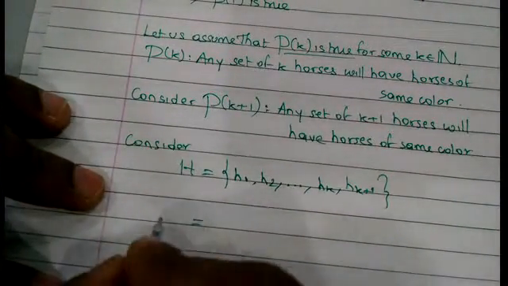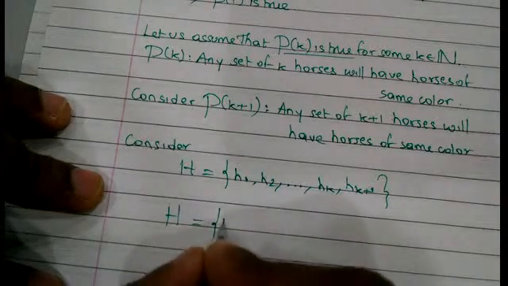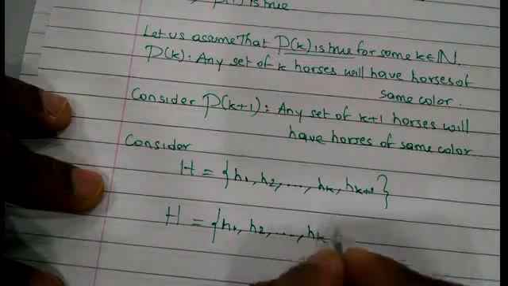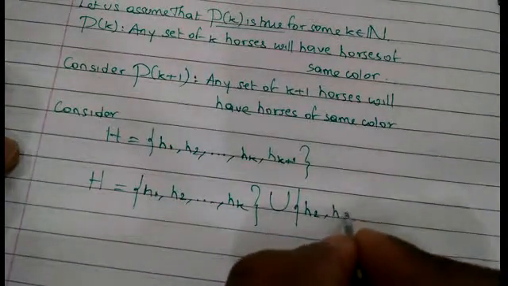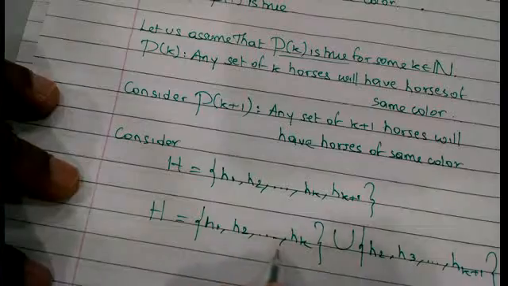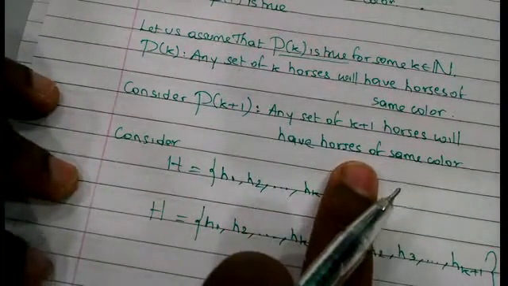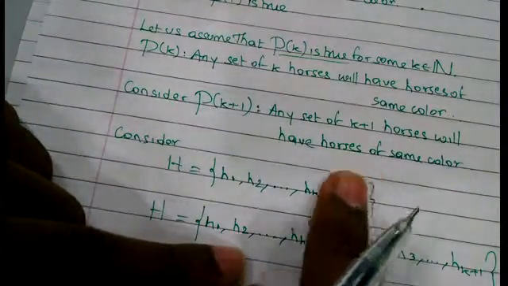Now if you know basics of set theory, we can clearly see that this set can be written like the union of the following two sets: H1, H2, H3, so on up to Hk, union H2, H3, so on up to Hk plus 1. Remember, the first is a set containing exactly k number of horses, because from the previous set I just removed one horse, which is the k plus first horse, so what remains is k number of horses.